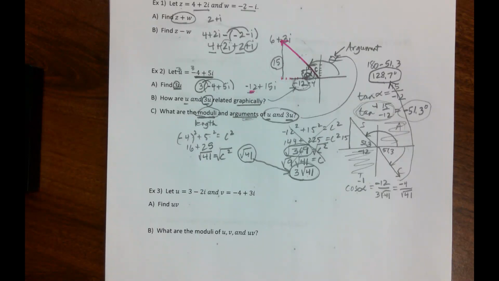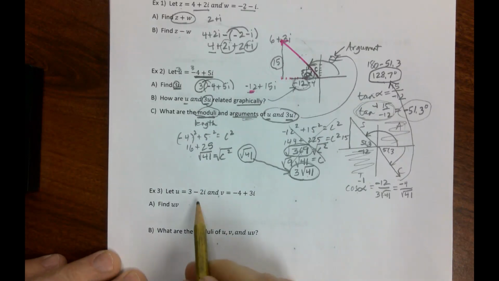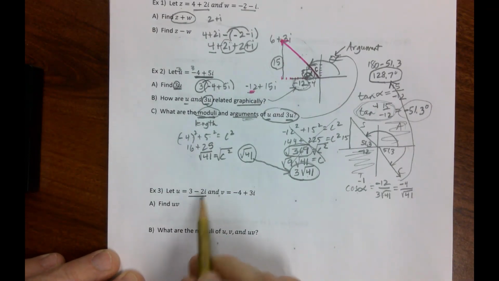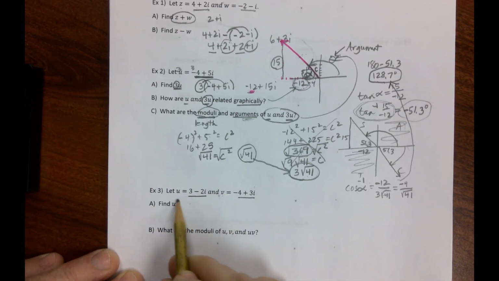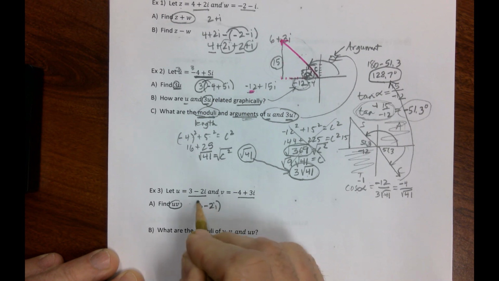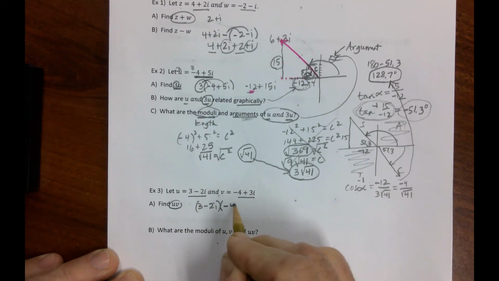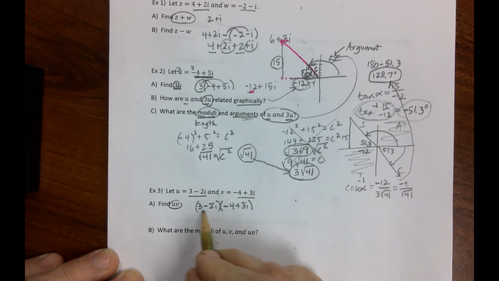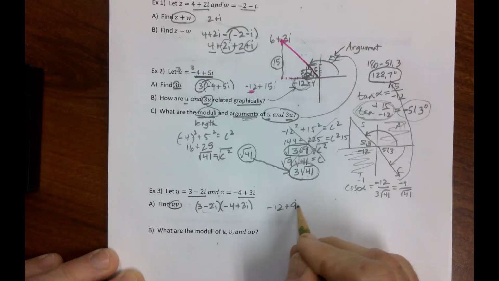All right, example 3, almost done. U is this, V is this. It says multiply them together. All this is a FOIL problem. These are not conjugates, so we have to FOIL. 3 times negative 4 is negative 12. Outside, 9i.